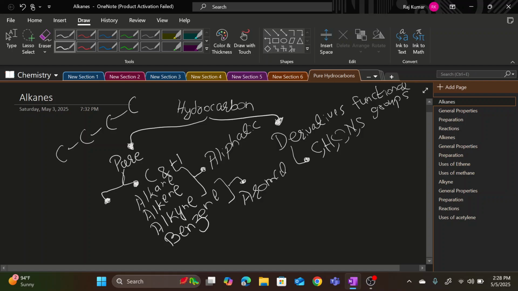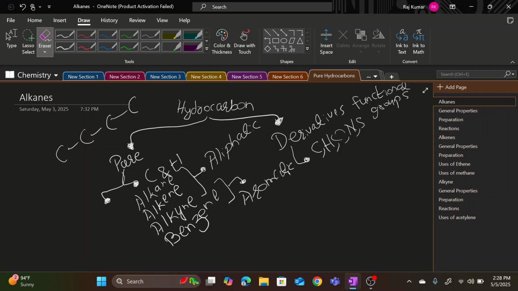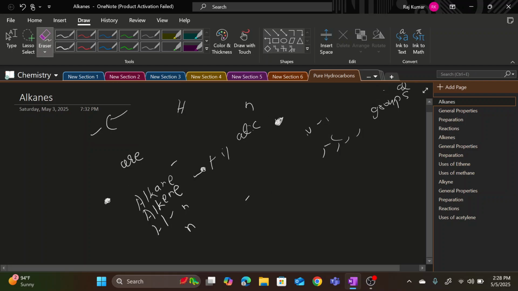We are going to discuss benzene in another class. For this class, we are going to look into aliphatic hydrocarbons, which are alkane, alkene, alkyne. So let's move on to today's class.